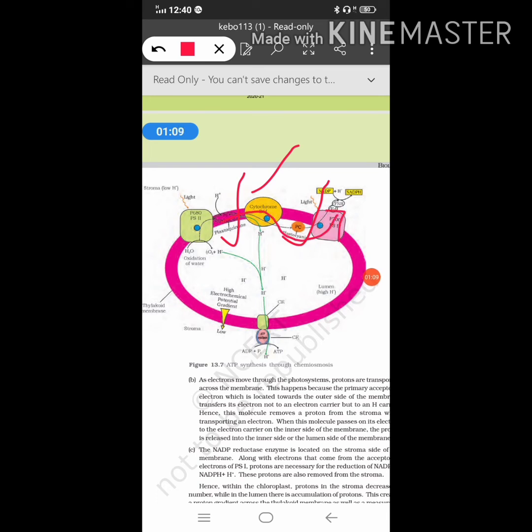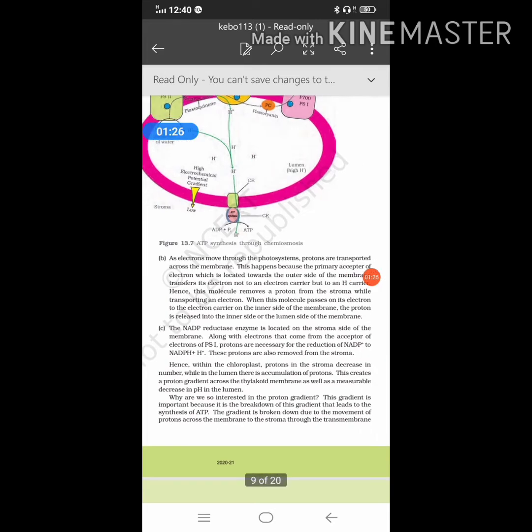PS1. At that time, the proton which is present inside the stroma also comes along with the electron and enters the lumen portion. So that is the second point given in your textbook.